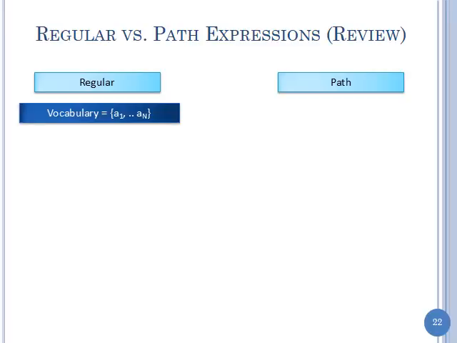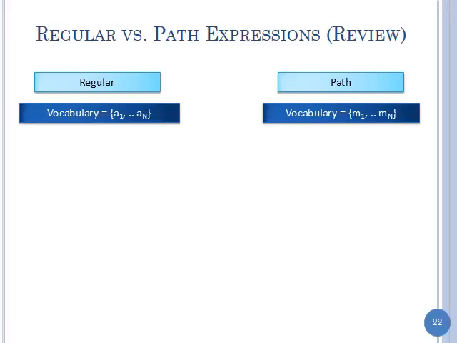With regular expressions, we saw the vocabulary was some set of elements, and those elements are typically characters. Now our vocabulary will be methods. In the case of a regular expression, we are putting constraints on what characters can form a legal sentence, or the other way around, the structure of a legal sentence.